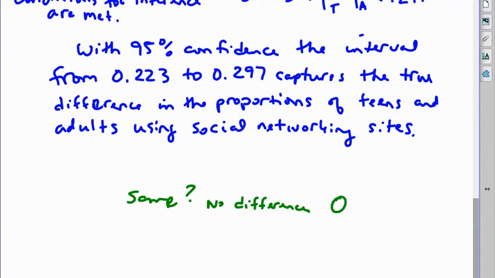If they were both the same, you'd expect them to be 0. And when I look at that value, 0 is not in the interval. So if you were asking me, I'd say there's a difference between teens and adults in their use of social networking.